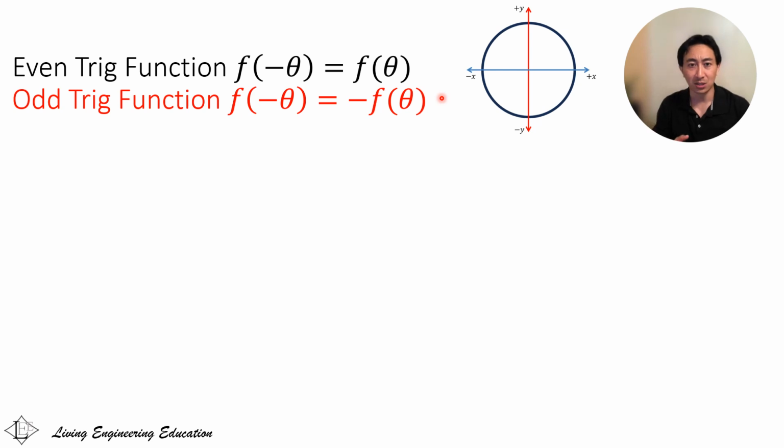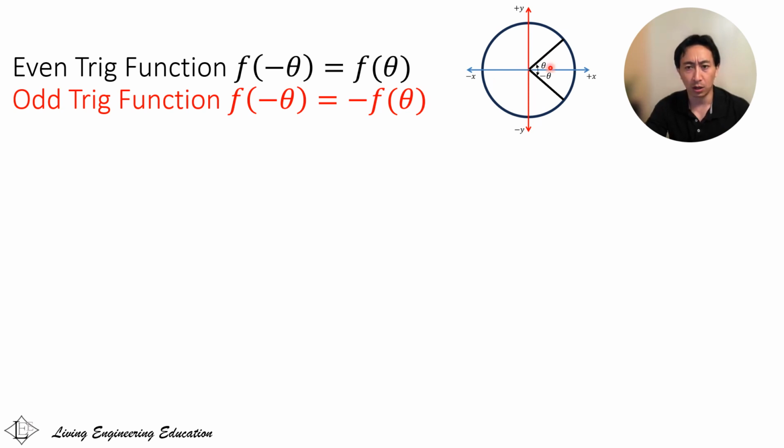You can really easily see this from the graphical form, and I'll show how each of these six trig functions behaves with a negative theta term. It's also very useful to look at the unit circle, so it's important to remember what a negative theta or a positive theta represents.